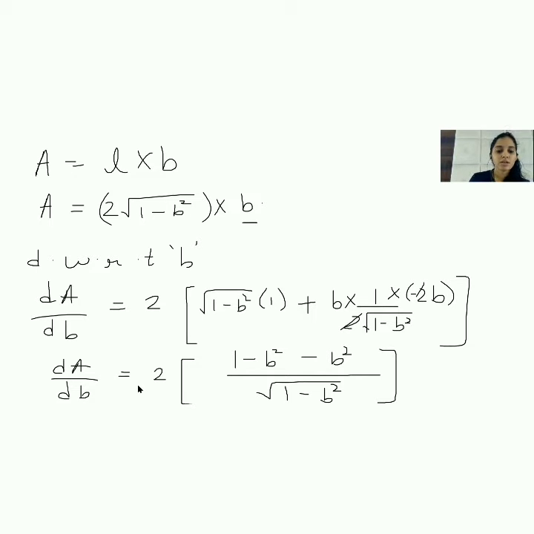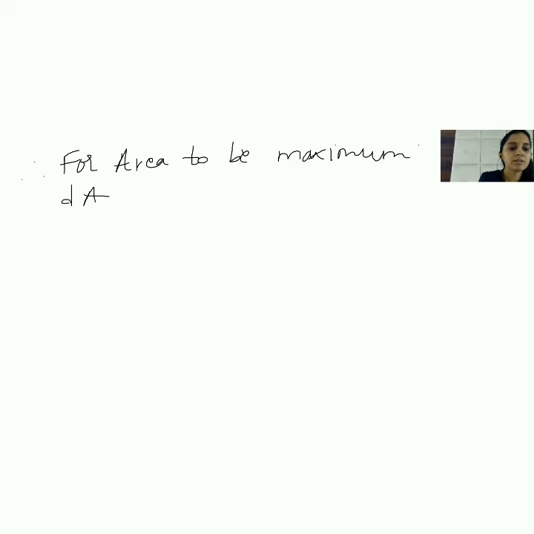Okay. Now what do we have to do in the next step? It says that the area should be maximum because you have to find the largest rectangle. Therefore, for area to be maximum, dA upon dB should be equal to 0.